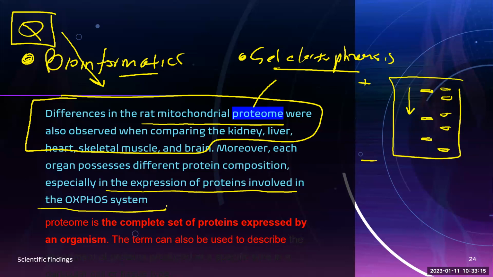These mitochondria use the same type of process, like the electron transport chain and oxidative phosphorylation, the expression of proteins involved in the oxidative phosphorylation system. So how can we explain their level being different?